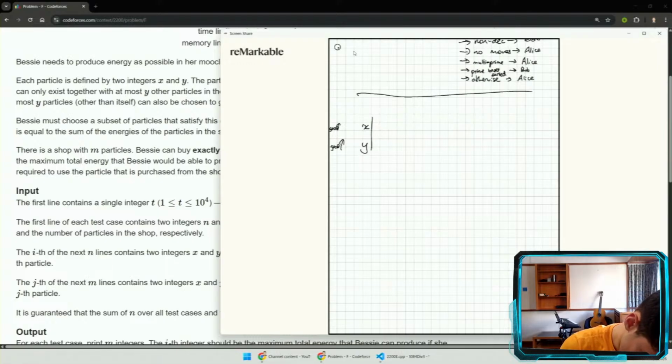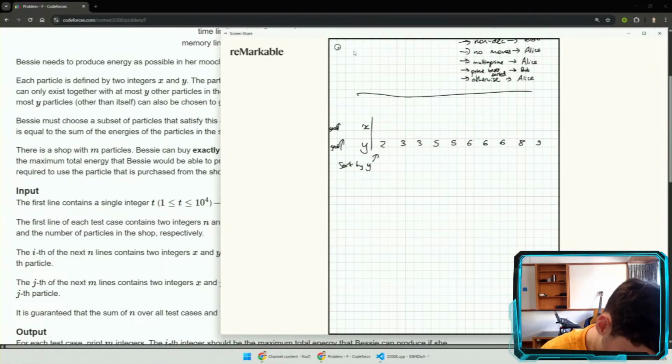So let's say we've sorted the particles by y, right? We've got something like 2, 3, 3, 3, 7, 5, 5, 6, 6, 6, 8, 9.